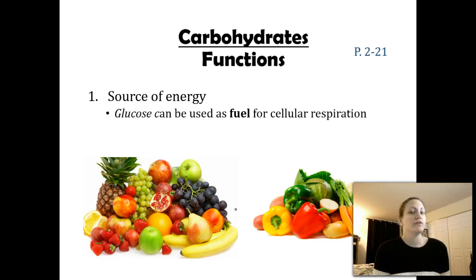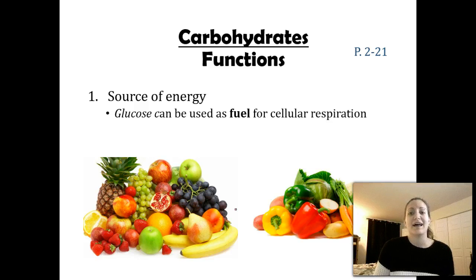So glucose is an example of a carbohydrate. Glucose is a sugar, and think of all sugars as carbohydrates. We'll talk about individual ones here soon, but glucose is a carbohydrate. We know glucose is needed for cellular respiration. That's one of the inputs of cellular respiration. Plants and animals and humans undergo cellular respiration.